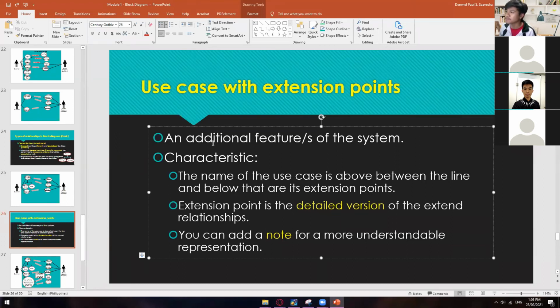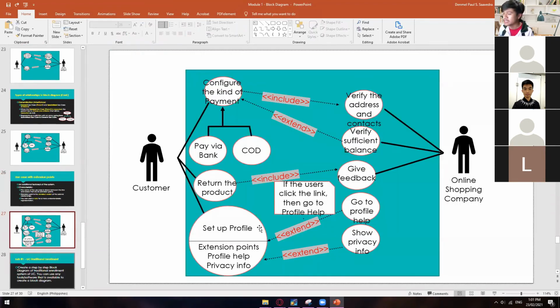When we say additional features or extension points, these are the parts wherein we have, let's say, three functions on one tab or one use case. As you can see right here, once you click setup profile, you have other options you can go to.